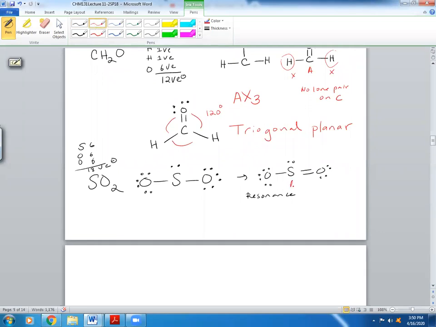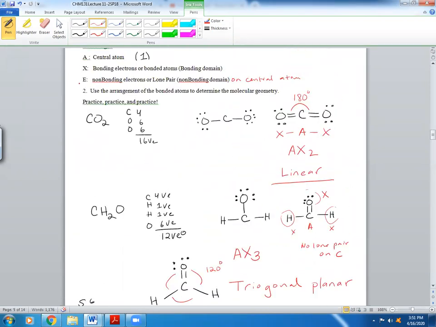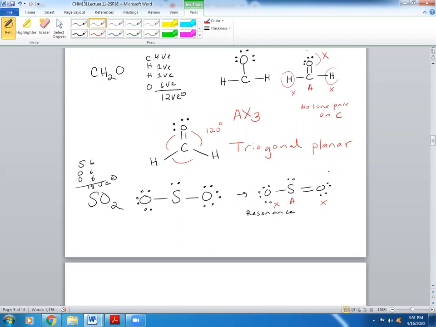A is right here. We have 2 X's, 2 atoms on the outside, the 2 oxygens, XX. And now E right here is, do you have any lone pairs on the central atom? Do you have any lone pairs on S? Yes, we do. Here it is.